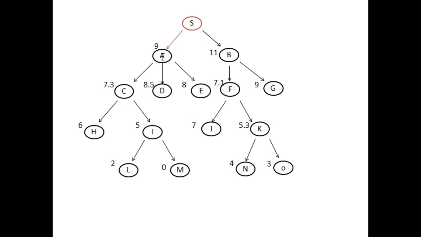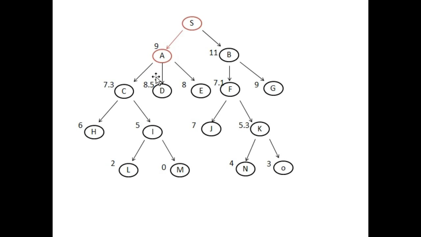So then I will generate new states from it. For the newly generated states, I will compare the heuristic value with this node. Just look at this point: 7.3, 8.5 and 8, all of these three values are less than 9. So I will pick one of the best nodes. For example, 7.3 has the lowest heuristic value. I will select this node and move towards the C node.